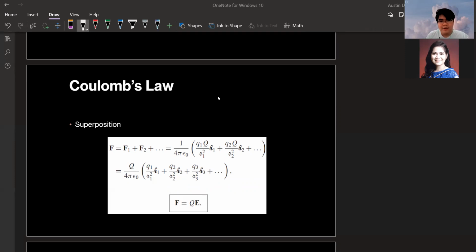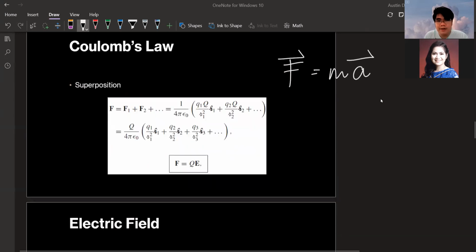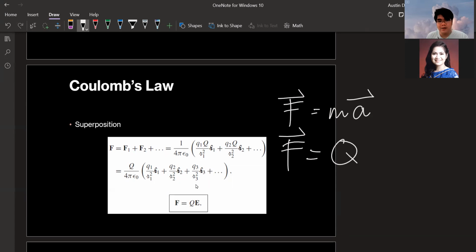Okay, so, wait a minute. Alalahanin natin sa classical mechanics that we can write this as something like the motion is always something like this. Tama? Okay? And, sulat natin to. Amazingly, they are very similar looking.